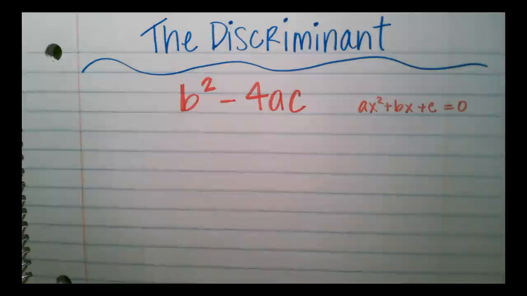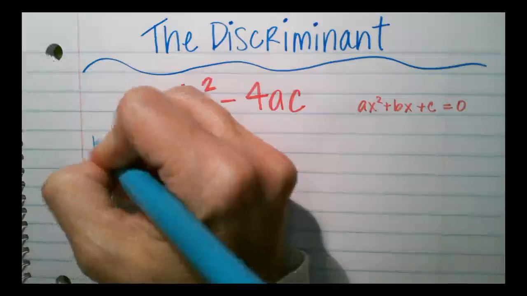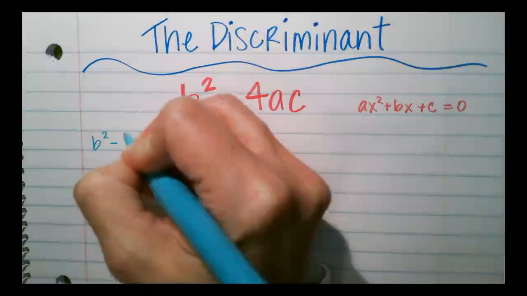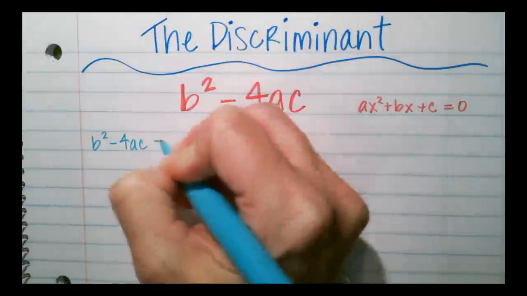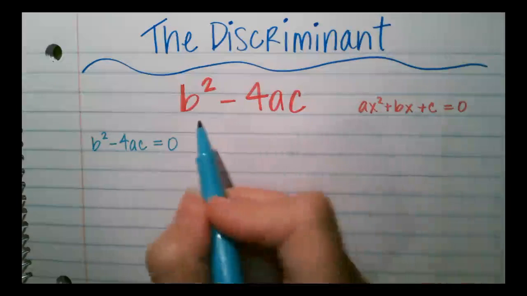So I think I'm going to make a chart. First off, b squared minus 4ac could equal 0.